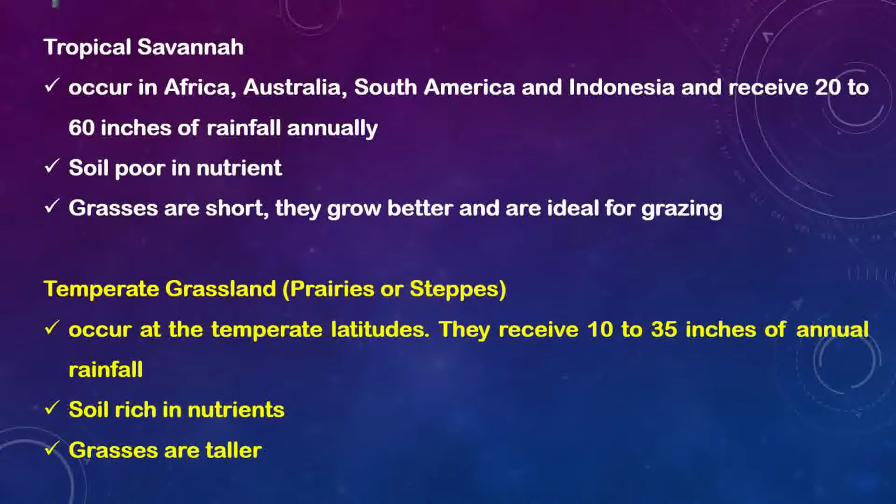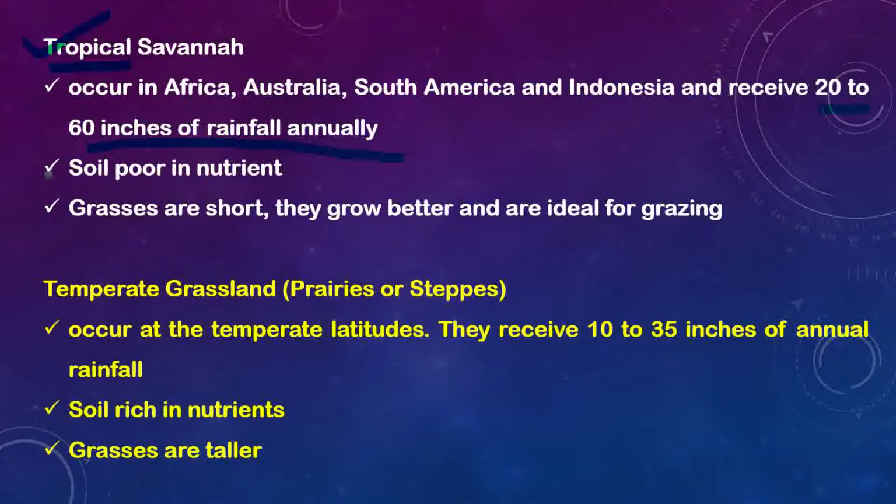Now we'll come to them one by one. First, coming to tropical savanna. From the word tropical itself, we can understand that these grasslands occur in the tropics, near to the tropics. They occur in Africa, Australia, South America, and Indonesia, and receive 20 to 60 inches of rainfall annually.